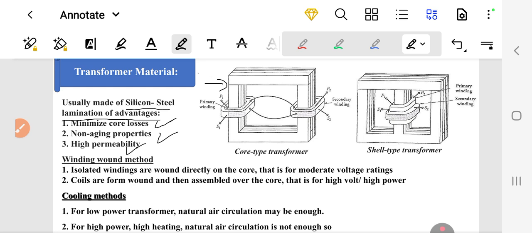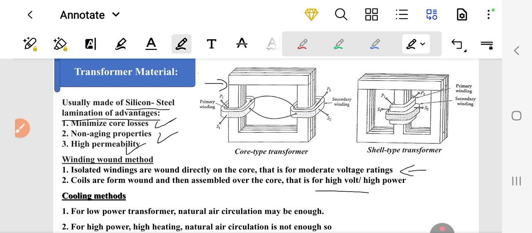There are two methods for winding the windings across the core. The first one is isolated winding wound directly on the core. This is for moderate voltage ratings. For moderate voltage ratings, we can place the isolated windings directly on the core.